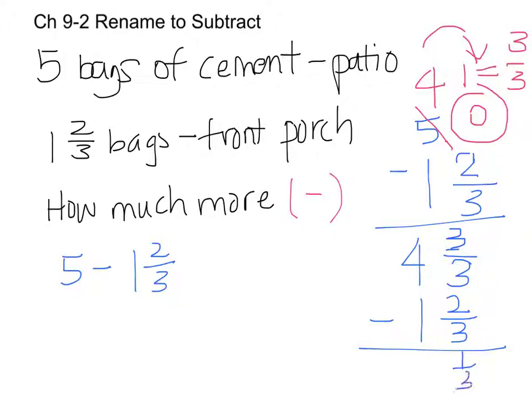Very good. And now I subtract the whole numbers. 4 minus 1 is 3. So how many bags of cement do I need to make this patio? 3 1/3 bags for their patio.